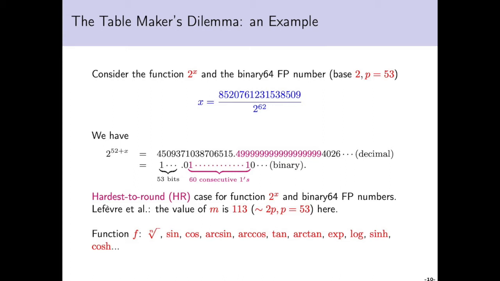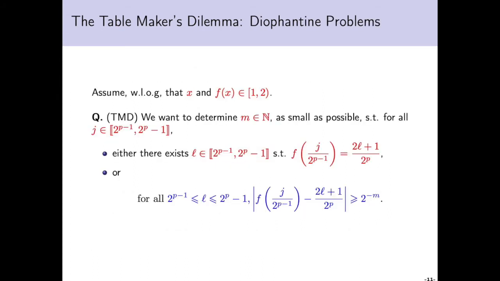Okay, so just to remind you, the kind of functions we are working with are these elementary functions. Okay, nth root, the trigonometric functions, the reciprocal, the exponential, the logarithm. So you remember that I want to solve these two questions.